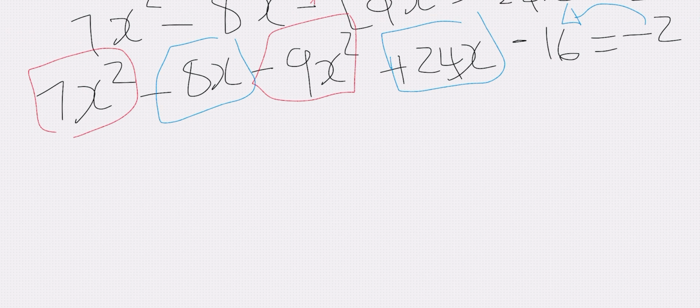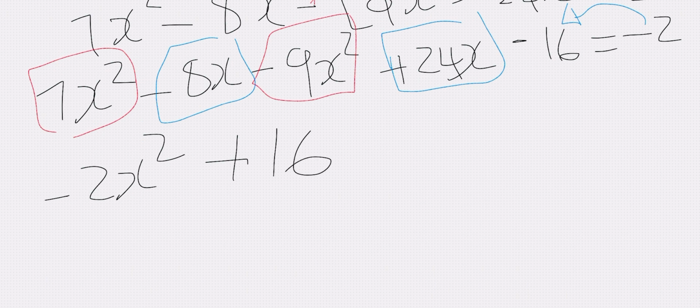Okay. So it literally says 7x squared minus 9x squared, that will be minus 2x squared. Then minus 8x plus 24x, that's 16x. Then minus 16. Let's take our 2 to the other side.